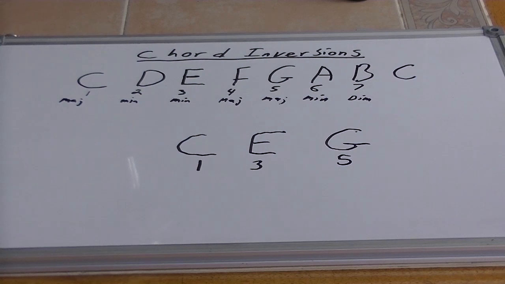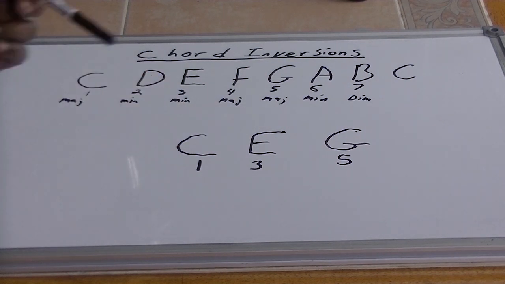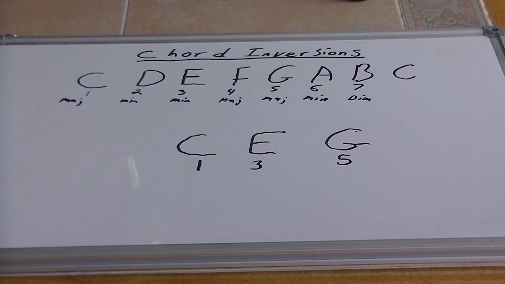So this is the way that we have represented the C chord so far. We started with the root note, and it's the lowest note of our chord. And then we proceed upward pitch-wise to the E note. And then we proceed upwards from there to the G note.